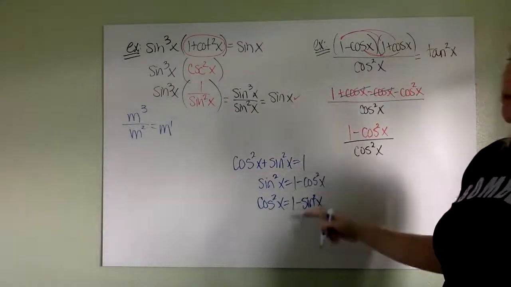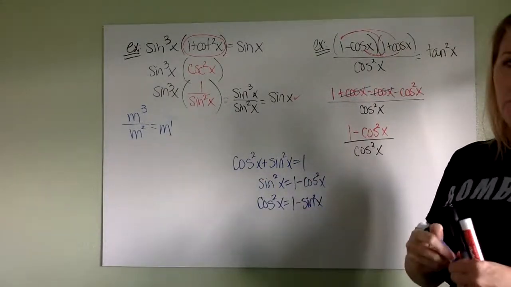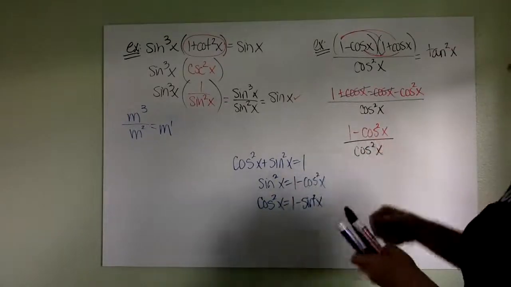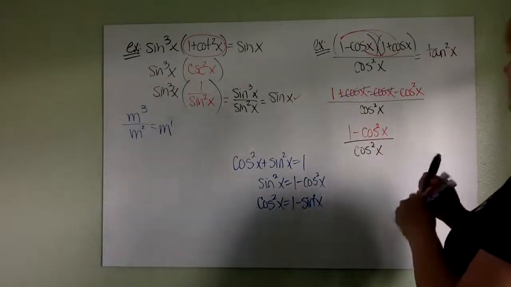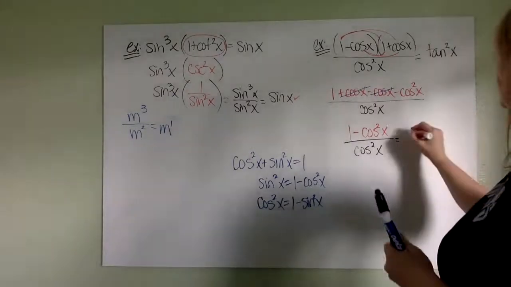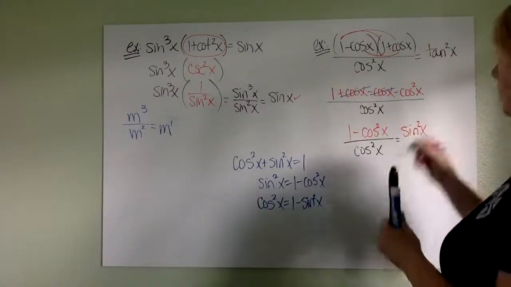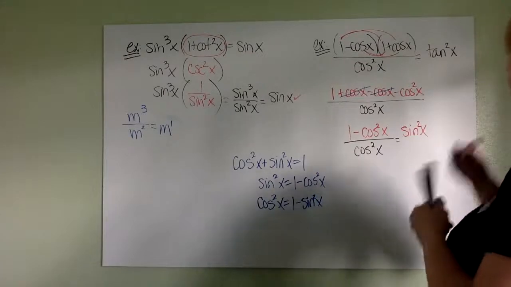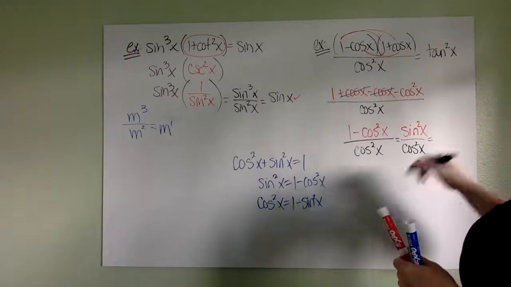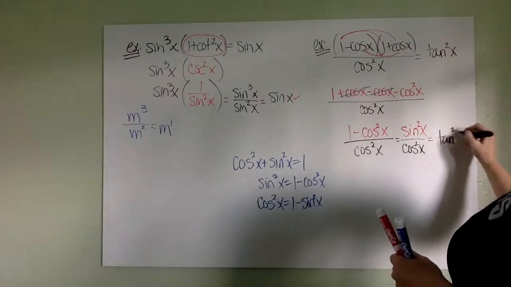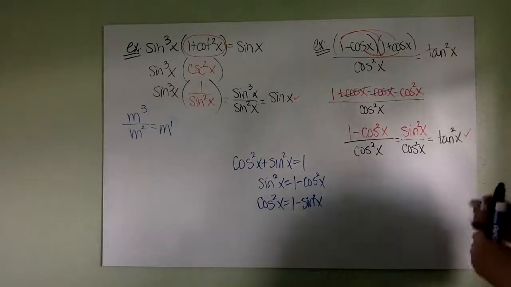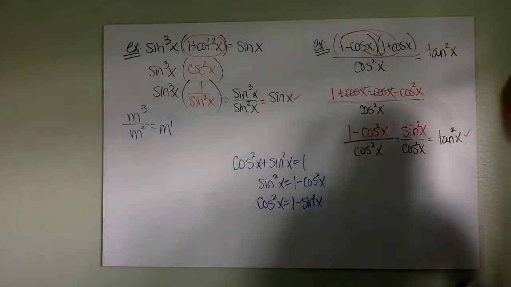These three are equivalent. They're just different representations of the same. So 1 minus cosine squared is the same as sine squared. So this becomes sine squared over cosine squared. And as we talked about a minute ago, that is in fact the same as tan squared. So that's where that finishes.